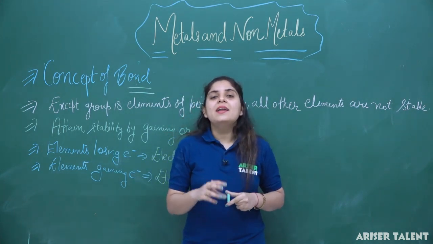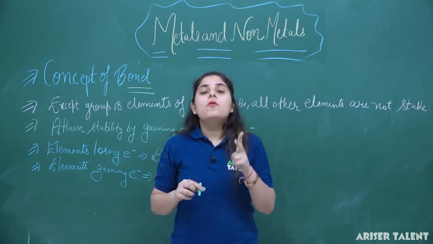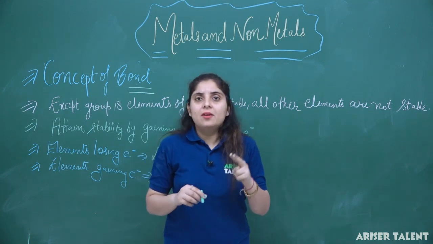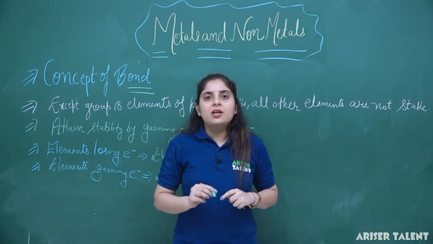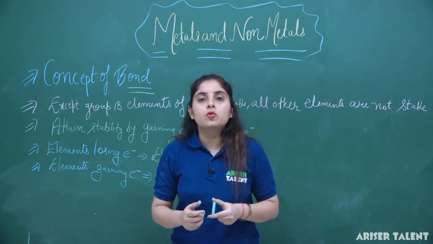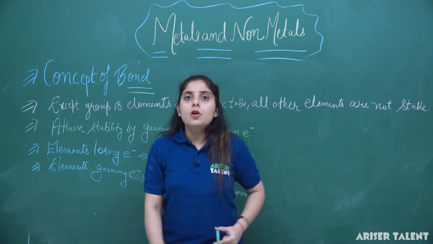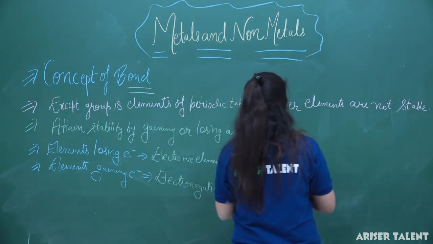So we can say that an ionic bond is always formed between elements, or ions, of opposite nature. One must be positively charged and the other negatively charged. So this is all about the concept of bond by sharing of electrons, by gaining of electrons or by losing of electrons. So what actually is the ionic bond?